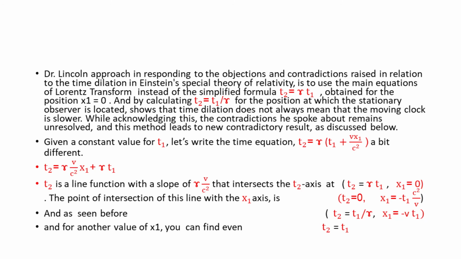The point of intersection of this line with the x sub 1 axis is T sub 2 equals 0, x sub 1 equals minus T sub 1 times C squared over V. And as seen before, T sub 2 equals T sub 1 over gamma, x sub 1 equals minus V times T sub 1, and for another value of x sub 1, you can find even T sub 2 equals T sub 1.